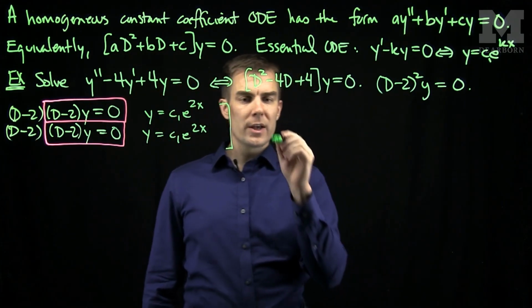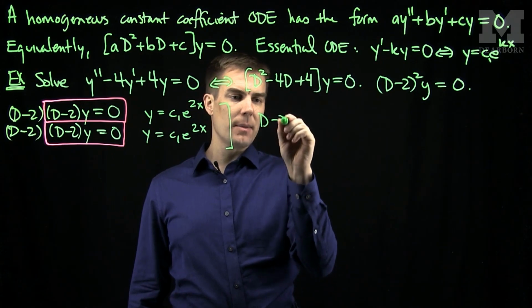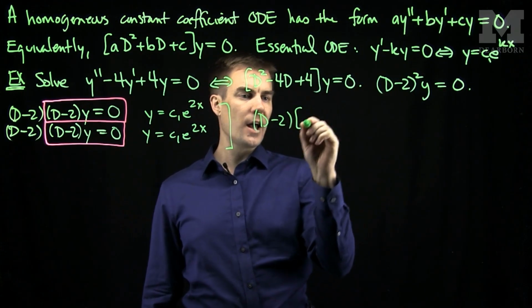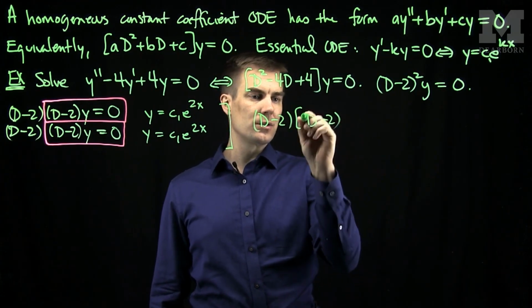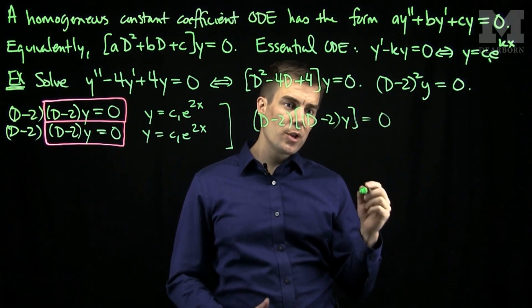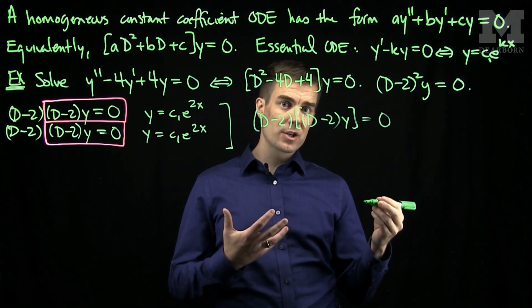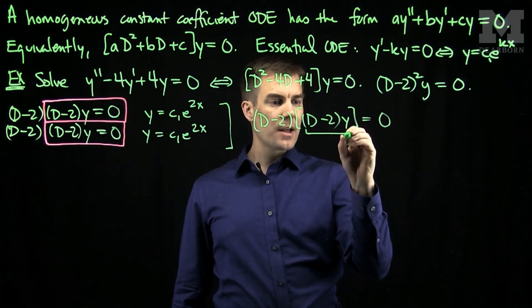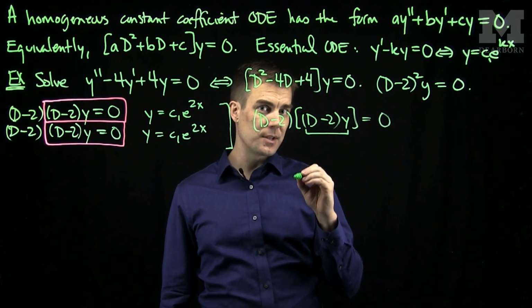What we will do is write the equation as D minus 2 applied to (D minus 2)y equals 0. Then we notice that we can make this entire expression 0 by making the expression inside parentheses 0.